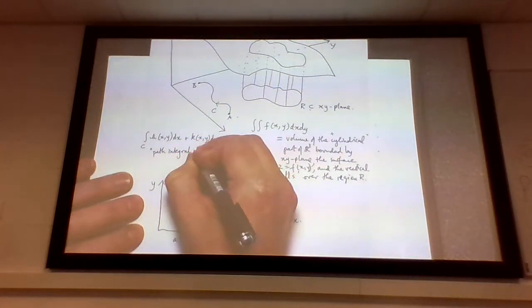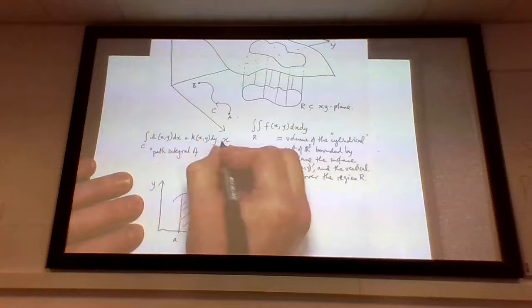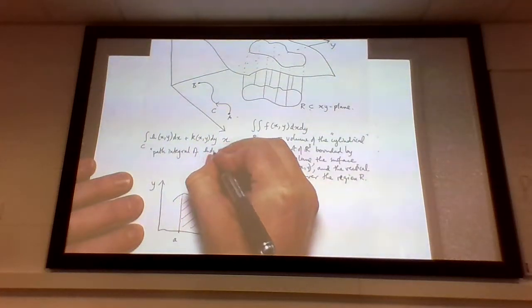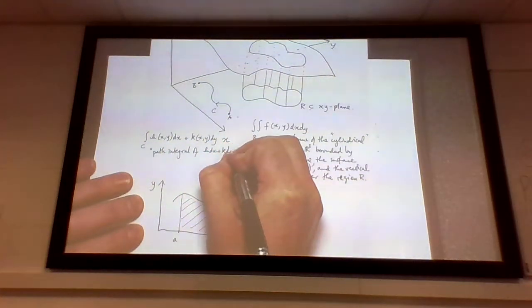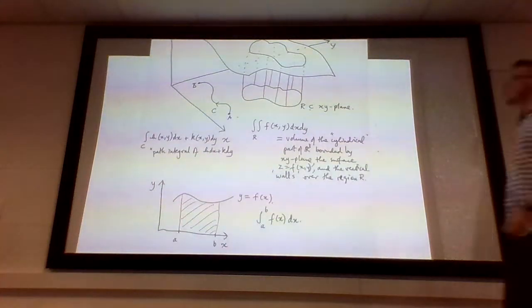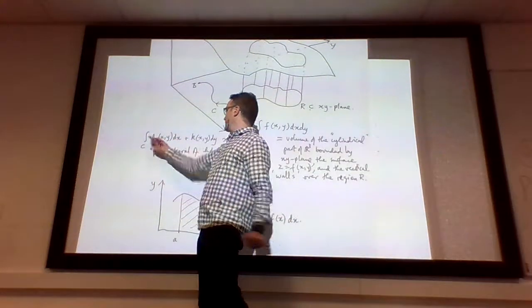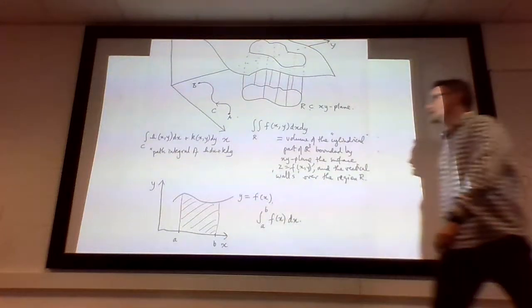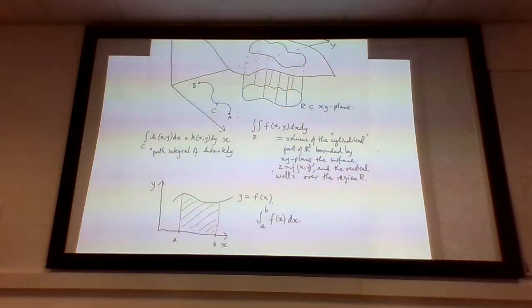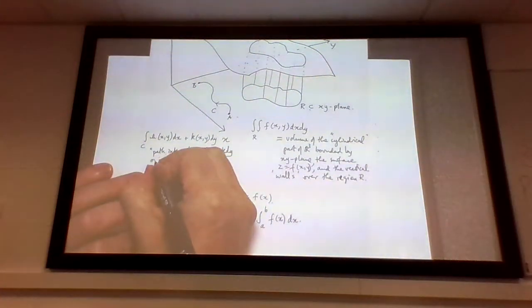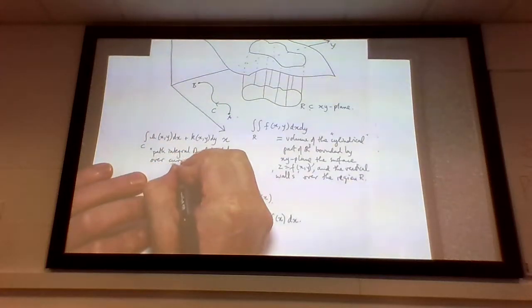It's the path integral of this object here, h dx plus k dy, just suppressing the x and y arguments to h and k for writing it out. So it's the path integral of h dx plus k dy over the curve C.